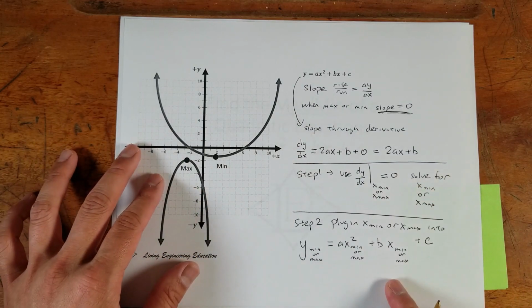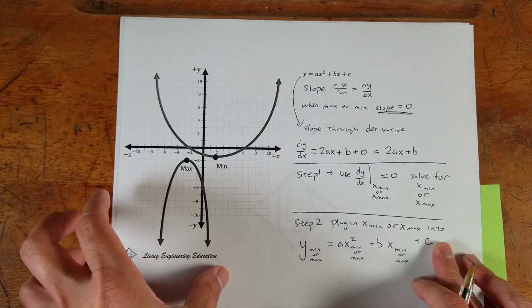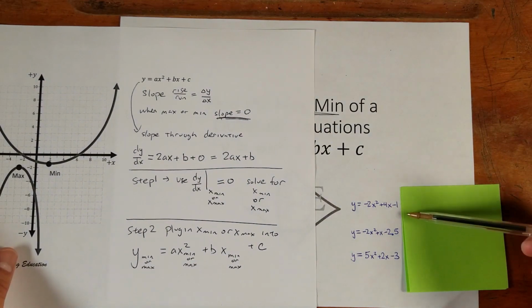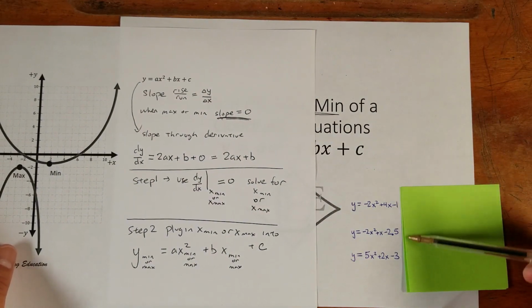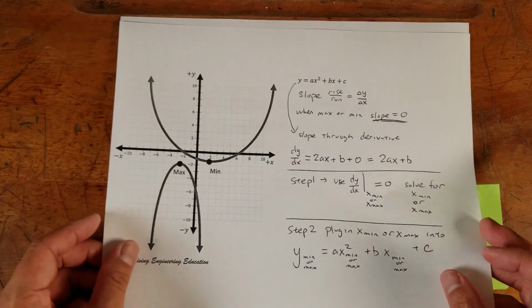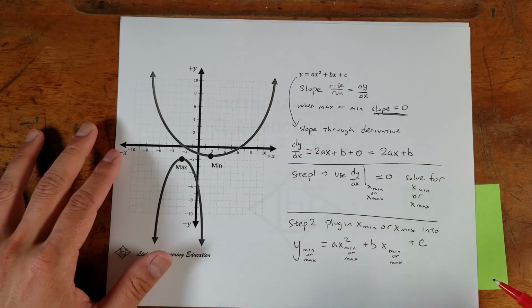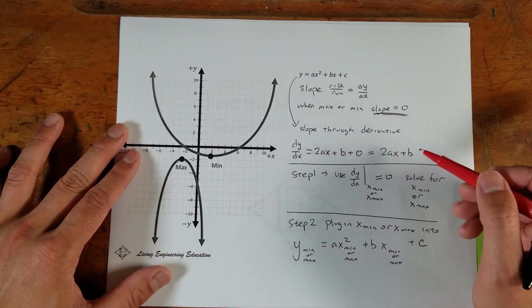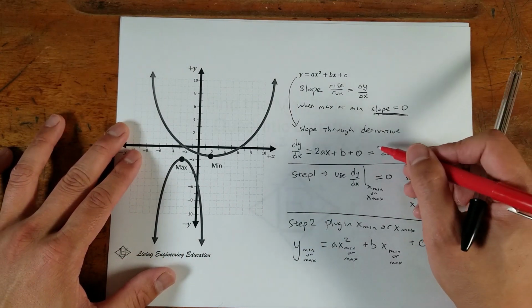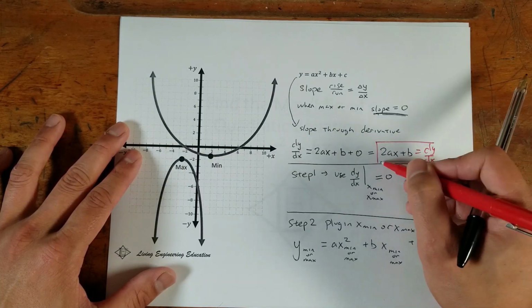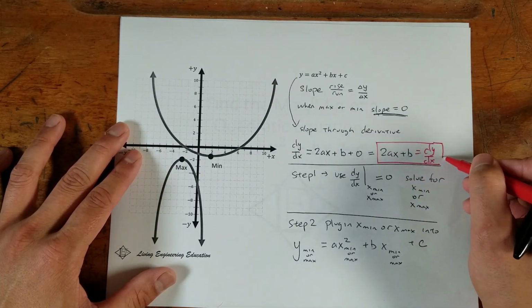So we're going to go through these steps and we're going to solve these 3 equations. So follow along. And like I said, if you have never taken a calculus class, just memorize that this is your derivative and we're setting it equal to 0. I think that's more useful.